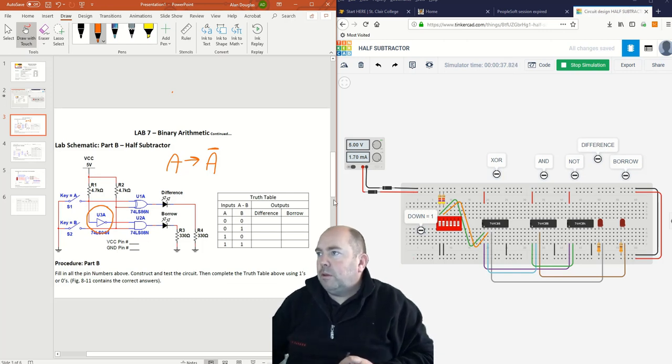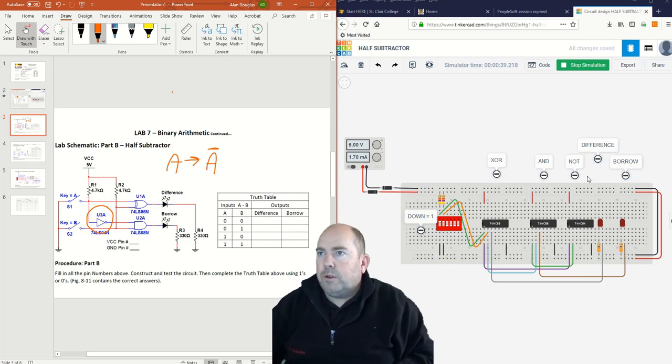Let's look at what this results in. We have added this inverter in here. Our A signal, the purple wire, jumps over to here and comes back inverted and goes into the AND. Instead, we now call this difference and borrow.